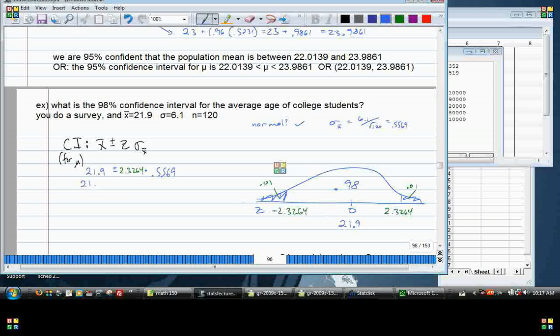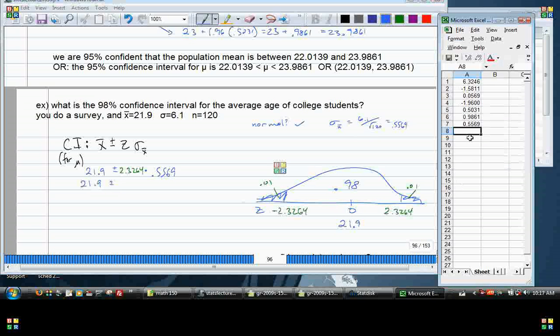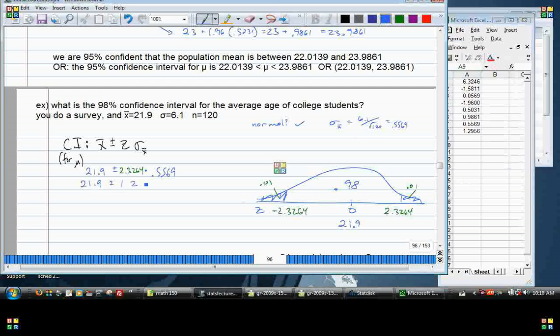So 21.9 plus or minus. We have to multiply 2.3264 times 0.5569. That's 1.2956. Now I can use my little two-arrow notation.